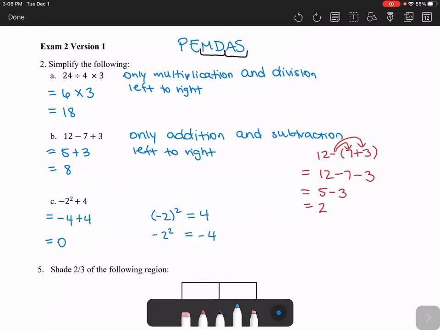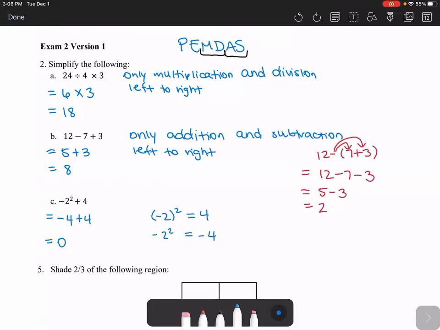So there is something like this on exam 2 and 3 that you may have seen in either place, but we're not squaring the negative 2 because there aren't parentheses around the negative 2. We're squaring the 2 and putting a negative sign in front of it. So all 3 of these were commonly missed because a lot of people messed up the left to right and or the negative 2 squared.